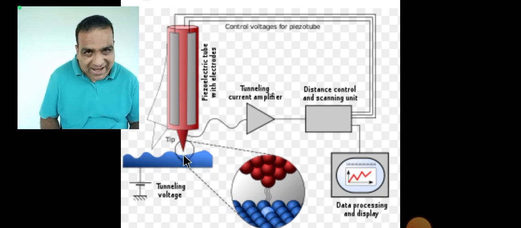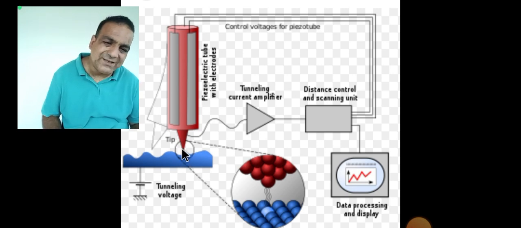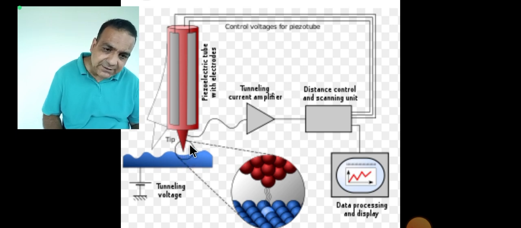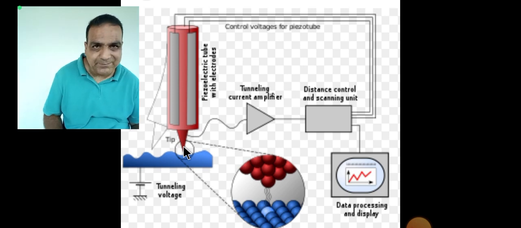A small fraction of electrons from the probe tunnel through this gap and reach the sample surface. As the electrons tunnel through the gap, a weak electrical current, called the tunneling current, is generated, and the magnitude of this tunneling current depends exponentially on the tip distance from the surface.